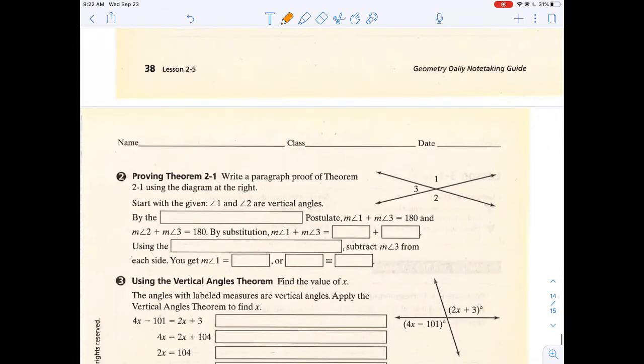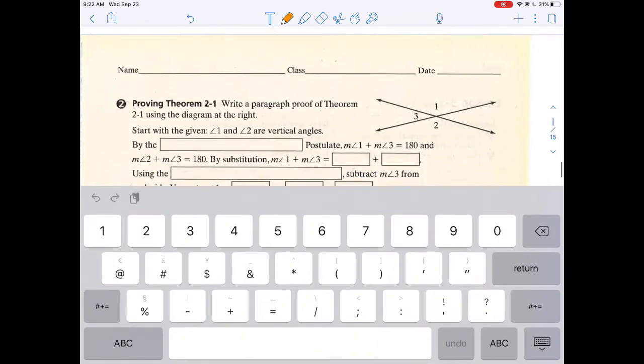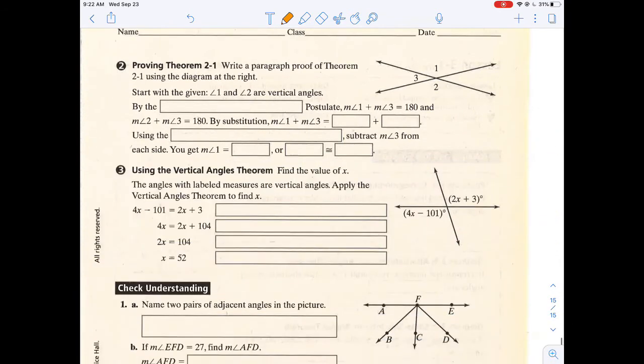All right, example 2, proving theorem 2-1. Write a paragraph proof of the theorem 2-1 using the diagram at the right. Start with the given. Angles 1 and 2 are vertical angles.